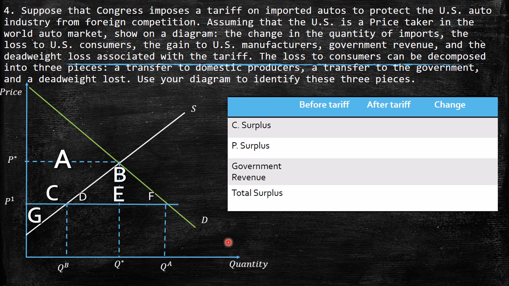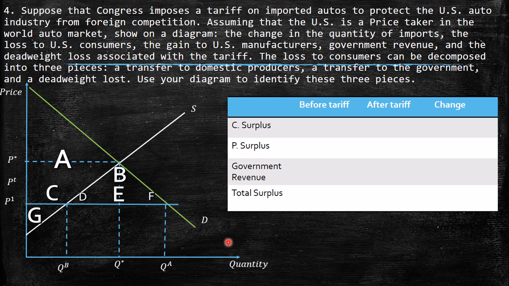Given the lower price, the producers are going to be worse off, because the price at which they have to produce is much lower than before. On the other side, the consumers pay a lower price than P star, so they demand QA. The difference between QA and QB is the imports.